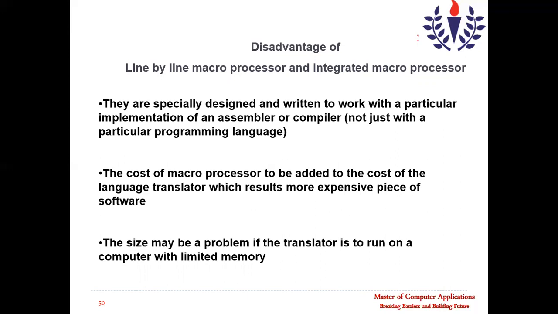They can't work with every type of assemblers and compilers. That is the first disadvantage. Second, the first is the cost of macroprocessor and the second is the cost of language translator. So when we combine that cost, it will become a large one.